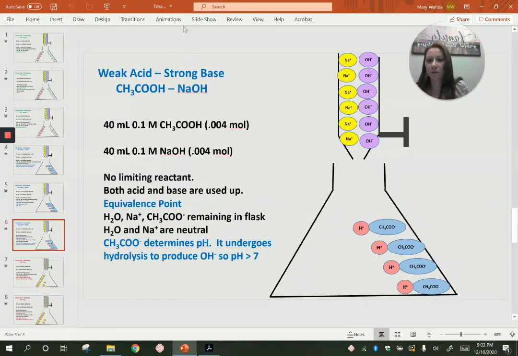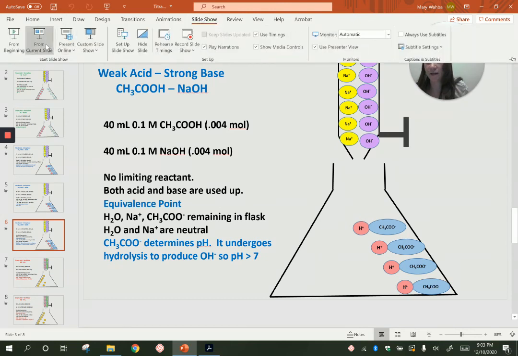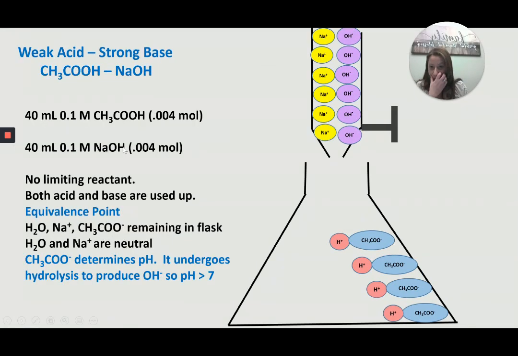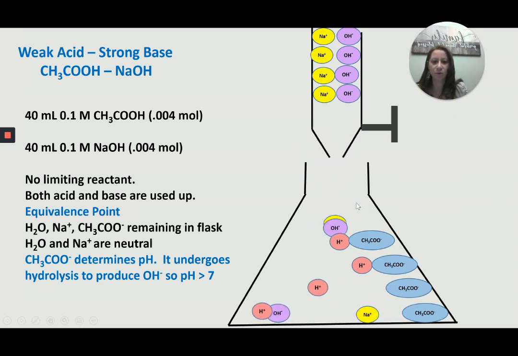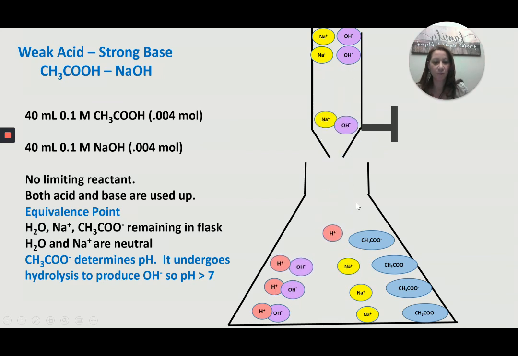So we are going to look at now adding 40 milliliters of NaOH. So here are my 0.004 moles of my acetic acid, and I'm going to let 4 of these go down. So here's the first one, second one, third one, and fourth one. And look at that. All of my acid and base are used up.